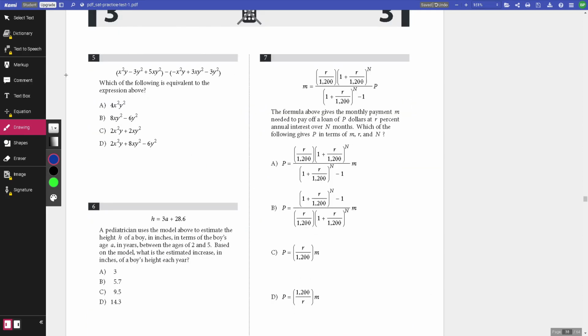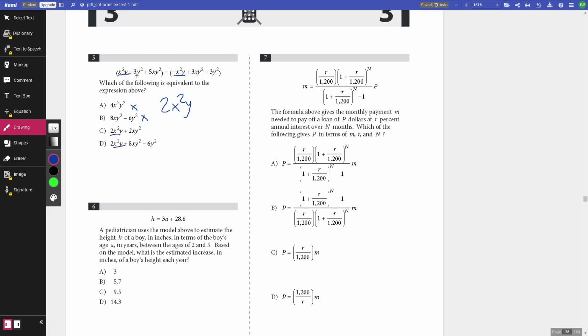So number 5 is just combining like terms. So eliminate answers while you go. So x squared y minus negative x squared y makes a plus. So it's 2x squared y. So eliminate these two answers, they don't have that term.